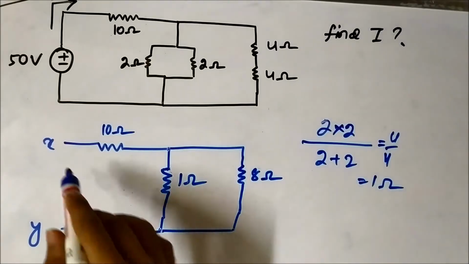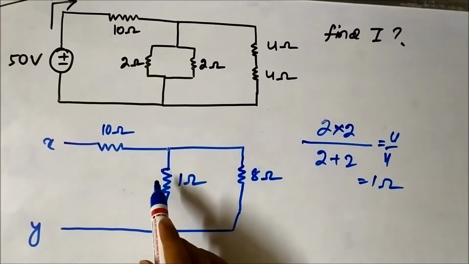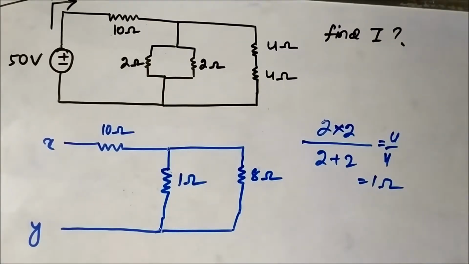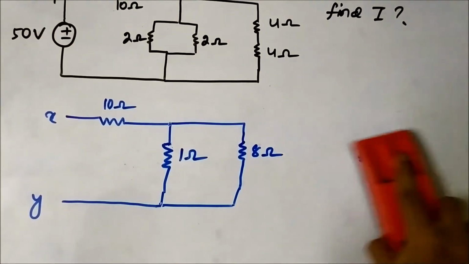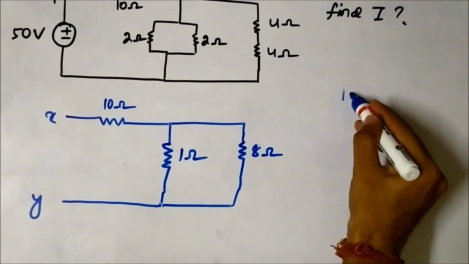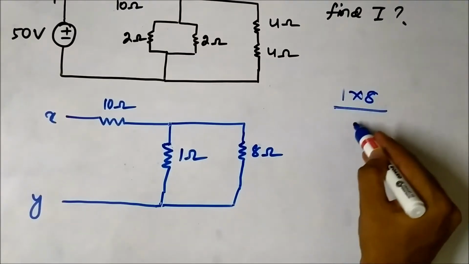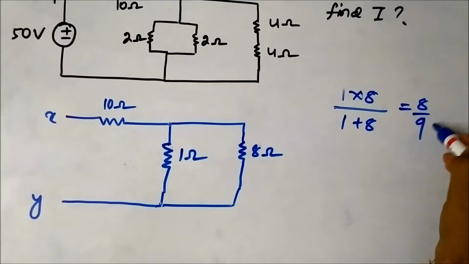It means the voltage across them will be the same, and current division will take place at this point. So the 1 ohm and 8 ohm are in parallel. Let's calculate the equivalent resistance. It will be 1 into 8 by 1 plus 8, which is 8 by 9.